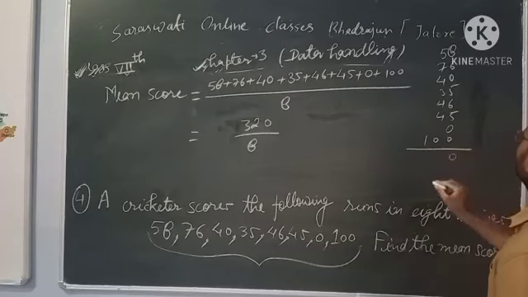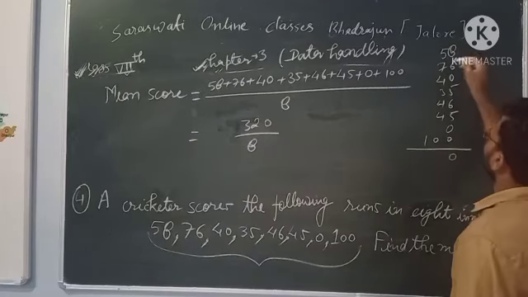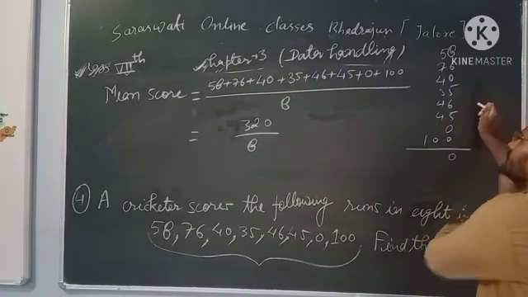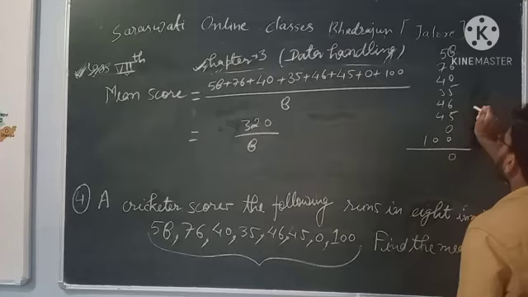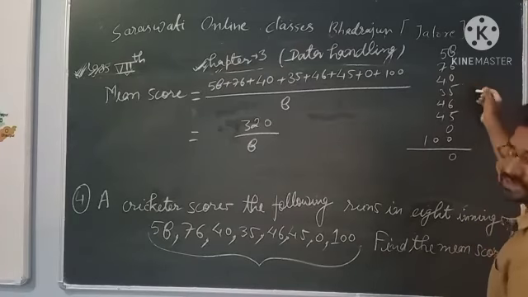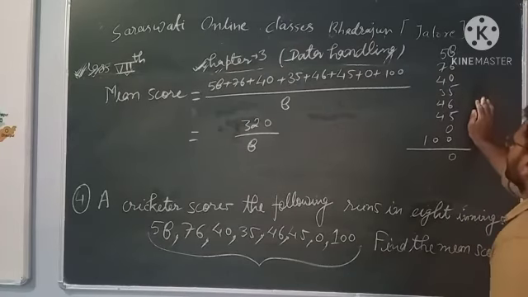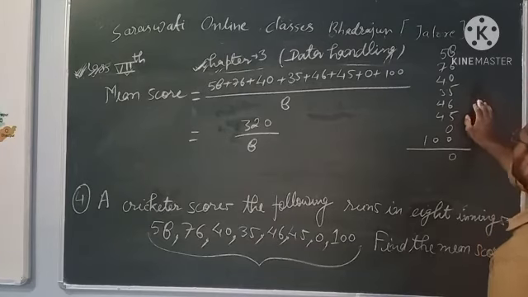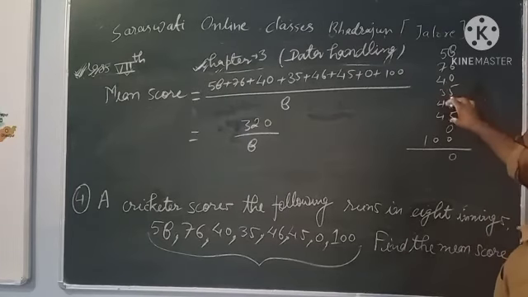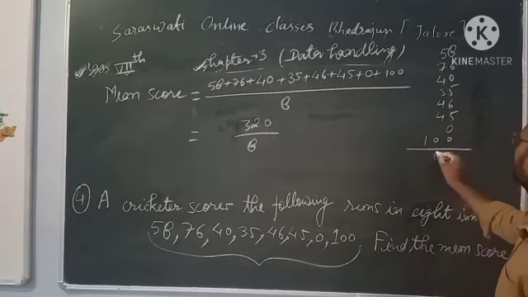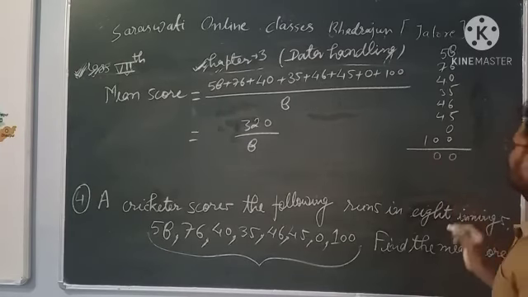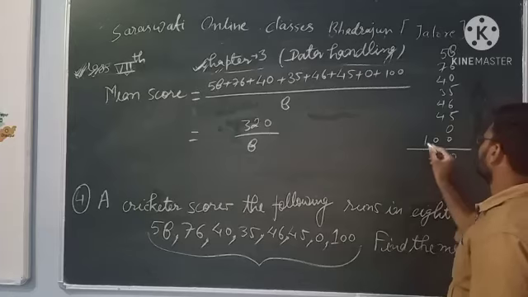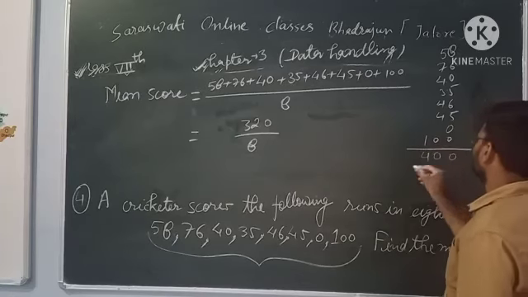30, 0. 3 plus 5 is 8. 8 plus 7 is 15. 15 plus 4 is 19. 19 plus 3 is 22. 22 plus 8 is 30. 30, 0, and 3 carry. 3 plus 1 is 4.